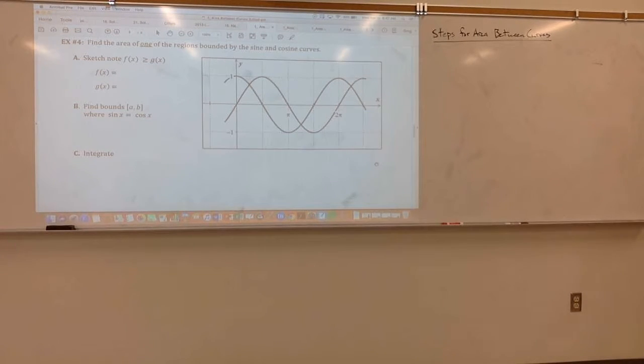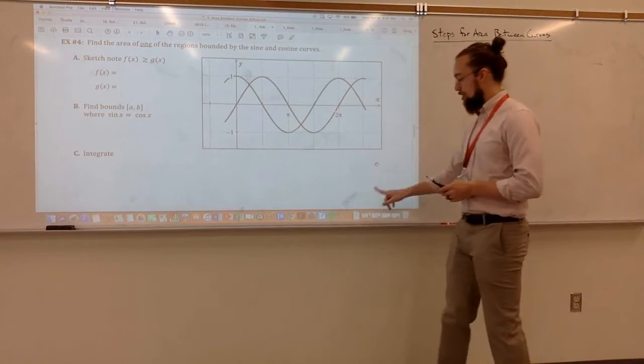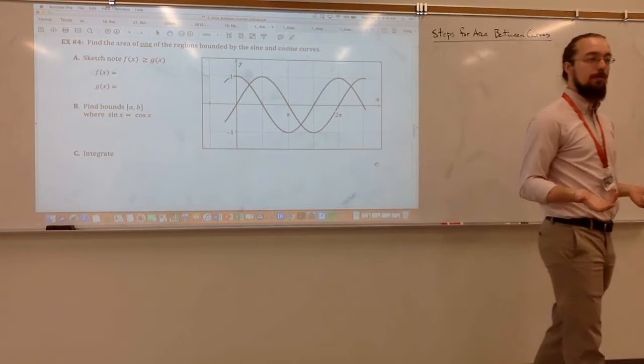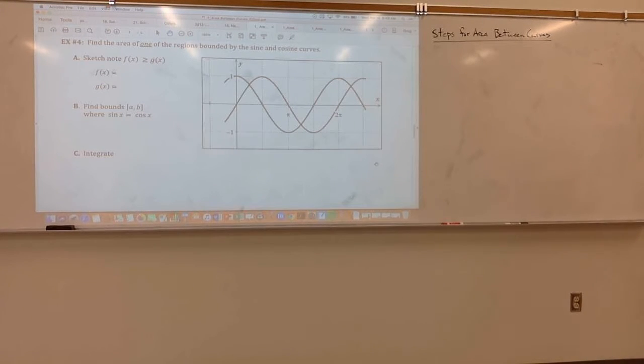Sometimes we'll be given a picture, sometimes we won't. Right? So we need to be able to do these steps without a picture as well, or without the graph. A couple of these steps are really easy to do if we have the graph. Okay? Some of them require a little bit more work if we don't have the graph.